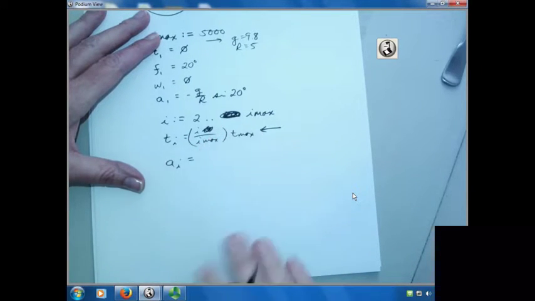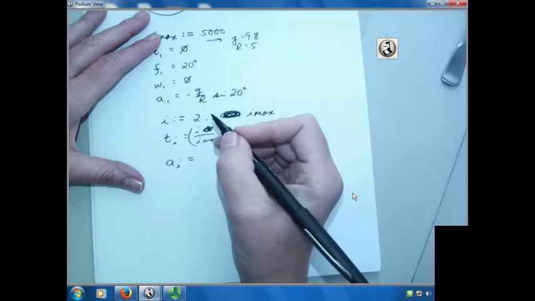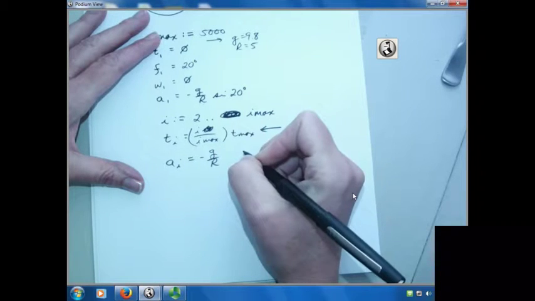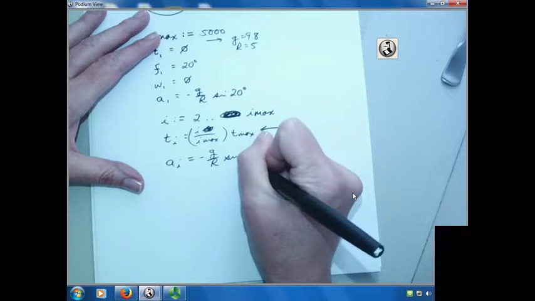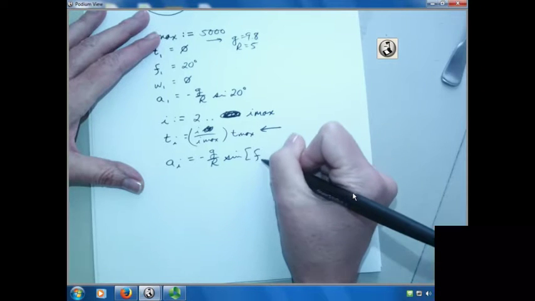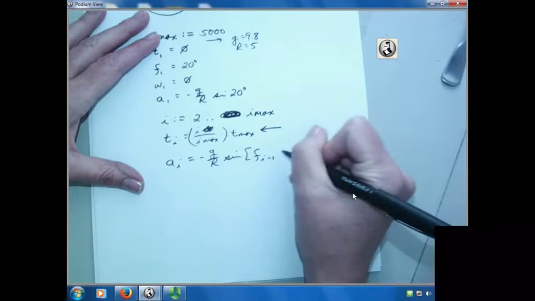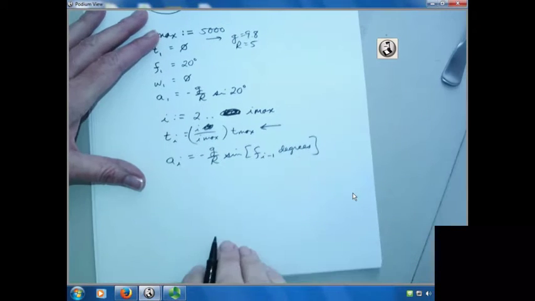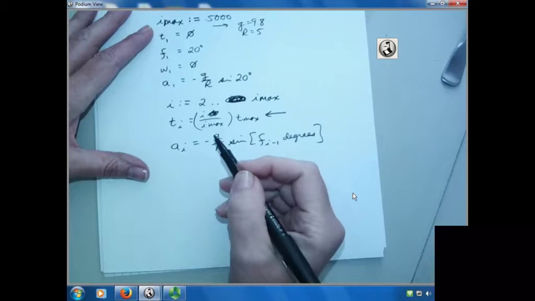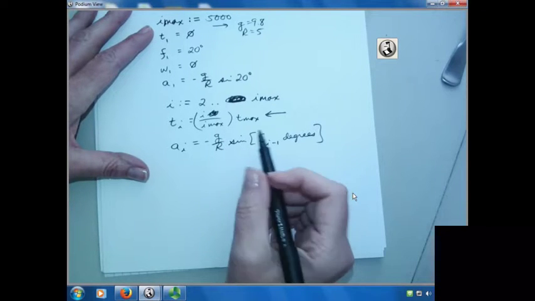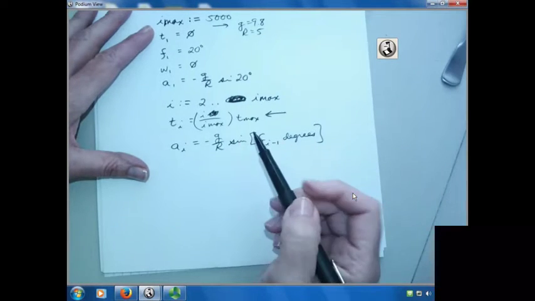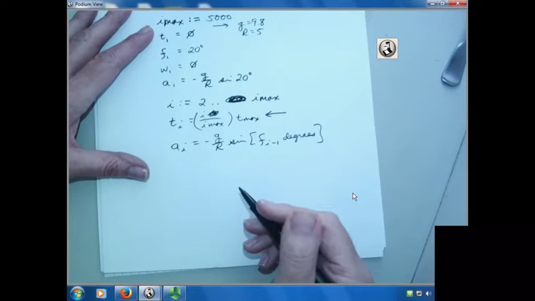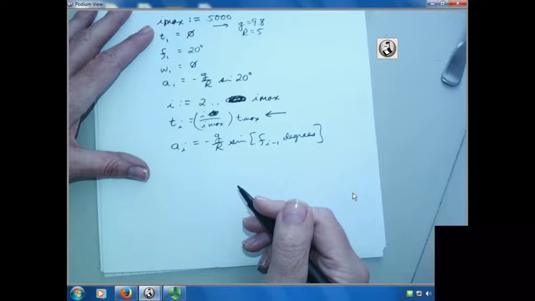Acceleration at that time step is going to be minus G over R times the sine of F sub I minus 1 in degrees. Just note that that's degrees. And if you want to make that change to radians, it's fine with me. All right? So I want these time steps to be close enough together that there's a negligible change in phi during that amount of time so that this equality holds fairly well. Are you guys all right with that? Okay.